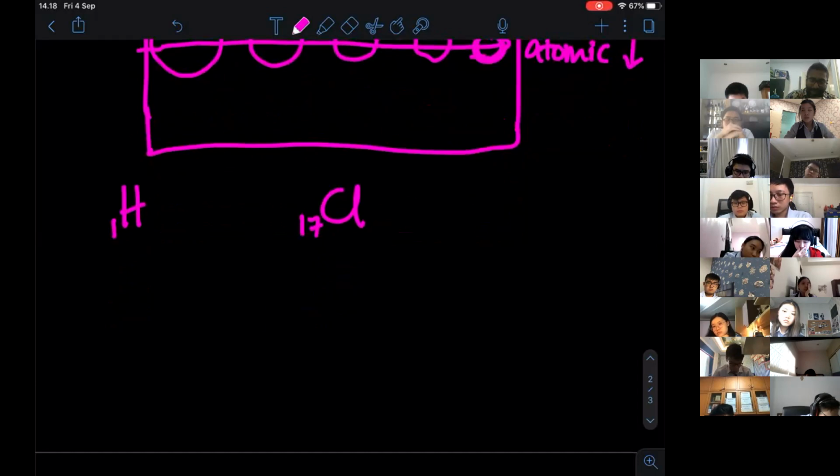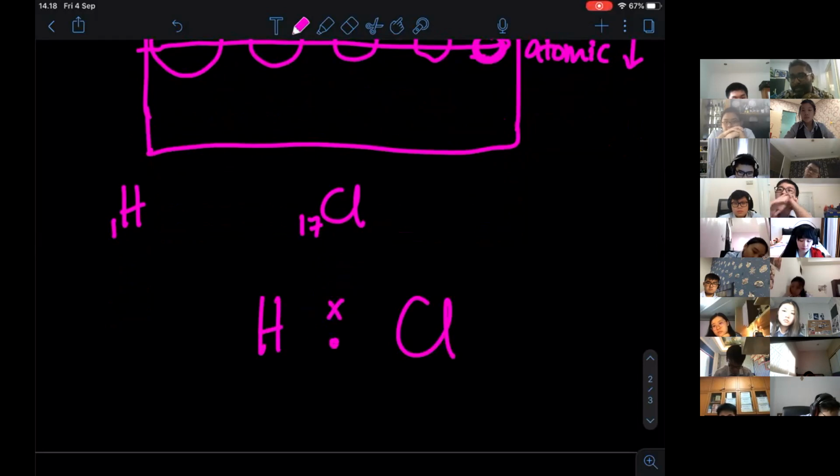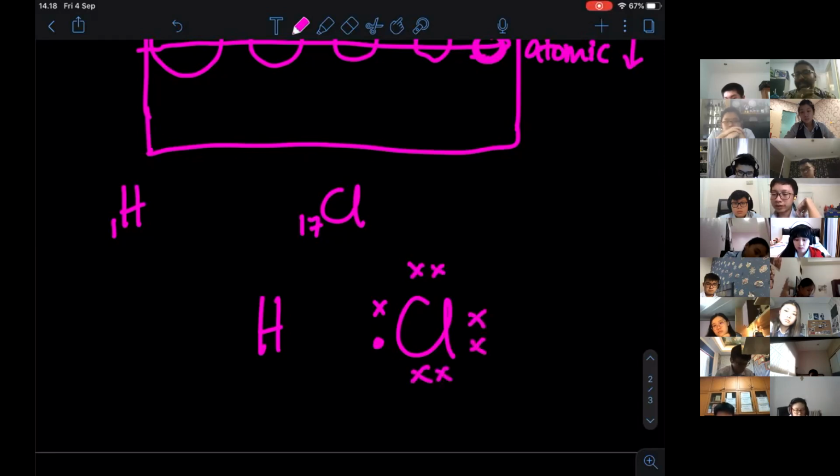So if I have HCl, this electron is no longer going to be in the middle. The chlorine, having the higher proton number, will pull it much closer towards itself, and the other electrons are going to be like this. What does it tell me?